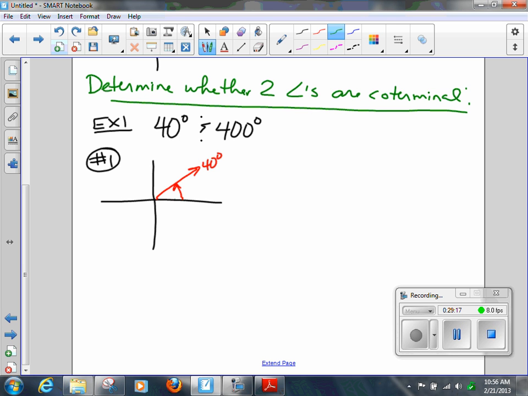Isn't that clever? 360 plus 40 is 400 degrees. Folks, do these two angles land or end at the same spot? Yes. Are they coterminal? Yes. I can physically see that these two angles are coterminal.